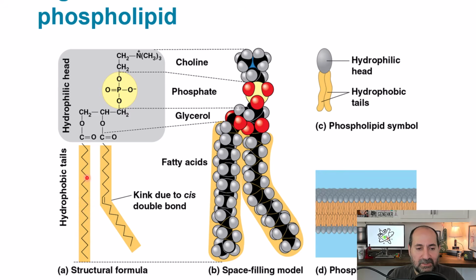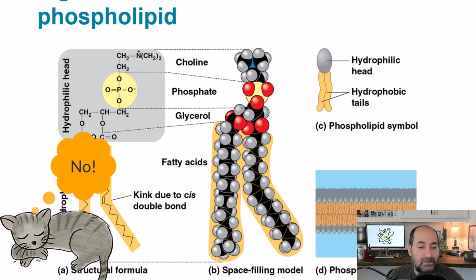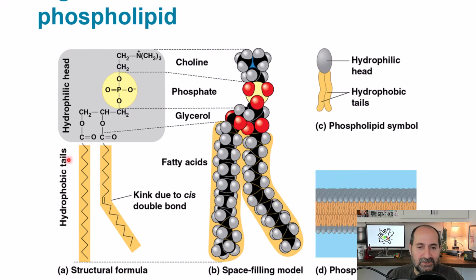So you've got these long hydrocarbon tails. Does water interact with these long hydrocarbon tails? No, and this is why they're known as the hydrophobic tails. This is really strange. This is also known as an amphipathic molecule. This means a molecule that is part hydrophilic, which is the head, and part hydrophobic, in this case, the tails.